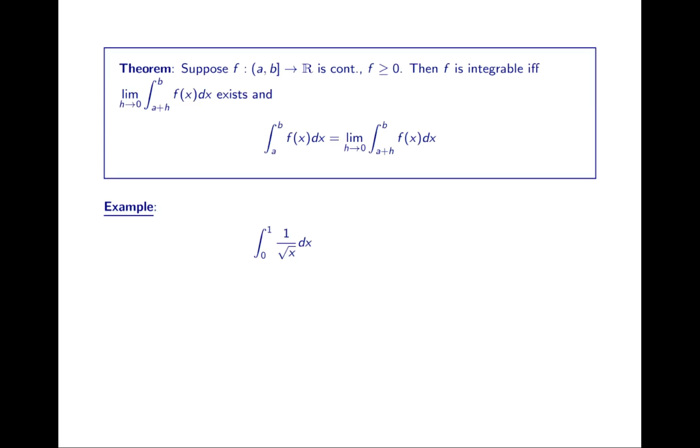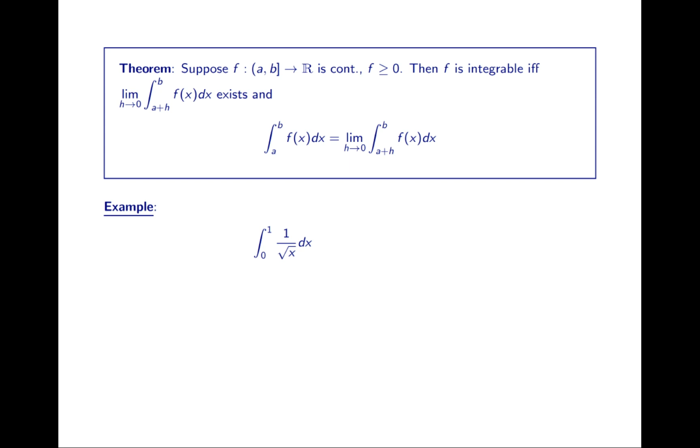What does continuity buy me for a bounded domain but an unbounded function? Suppose f is defined on the interval open a to closed b, and it's non-negative. Then f is integrable if and only if the limit as h goes to 0 of the integral of a plus h to b exists.